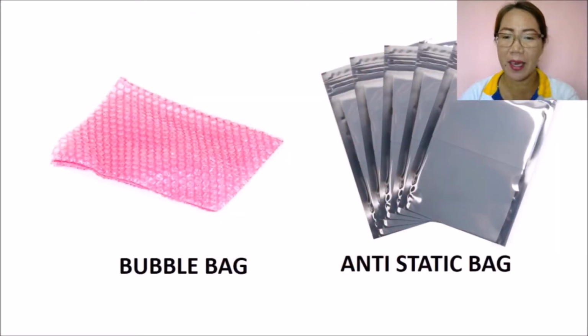Then we have a bubble bag and an anti-static bag. For what? This is where you will store your very sensitive components like the processor, RAM, or the memory card, the sound card, and the video card.